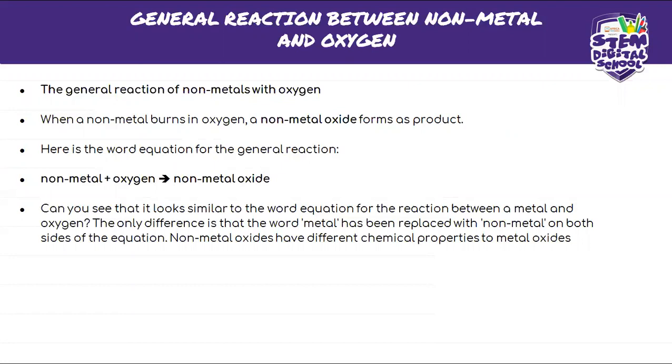So non-metal plus oxygen serves as the reactant, and the non-metal oxide serves as what? The product. So you can see that it looks similar to the equation that we had yesterday. The only difference is that the word metal has been replaced with what? Non-metal on both sides of the equation. Non-metal oxides have different chemical properties to metal oxides.